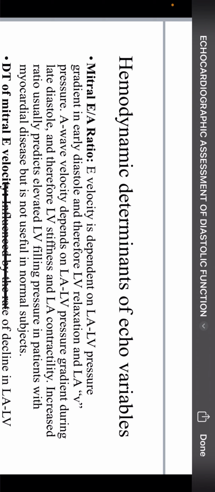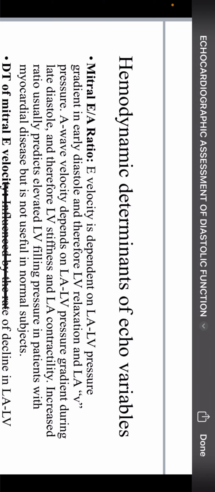Mitral EA ratio: increased ratio usually predicts elevated LV filling pressures. The normal EA ratio should be more than or equal to 0.8, but not more than 2 in elderly sick patients.